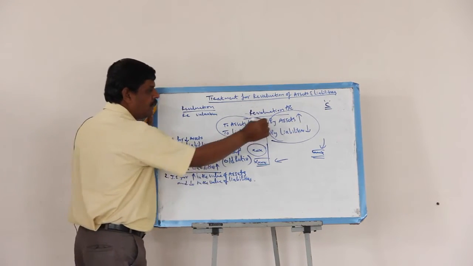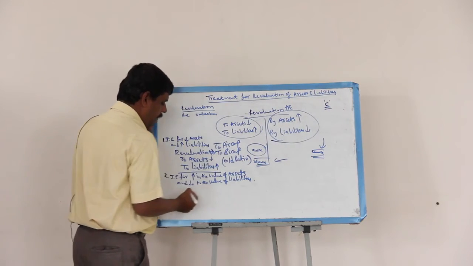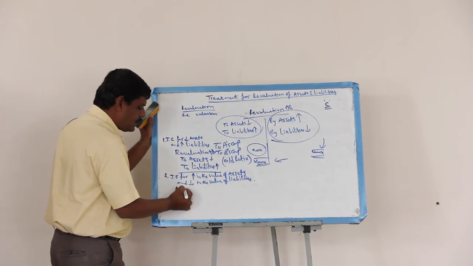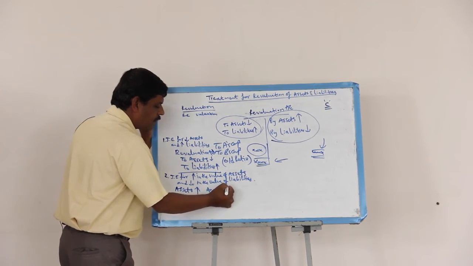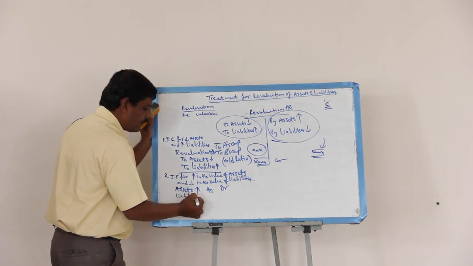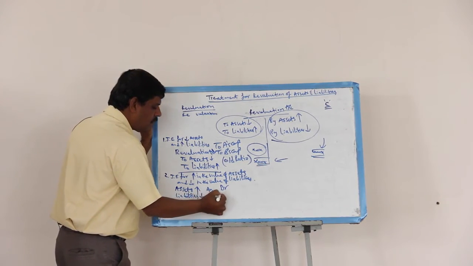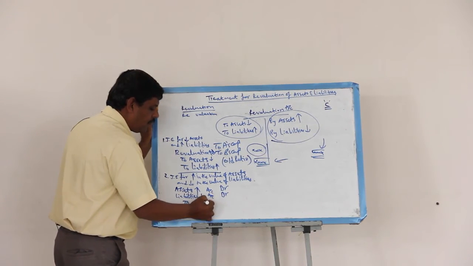So the journal entry will be: assets account debit, liabilities account debit, to revaluation account. So assets increased account debit, liabilities decreased account debit, to revaluation account.